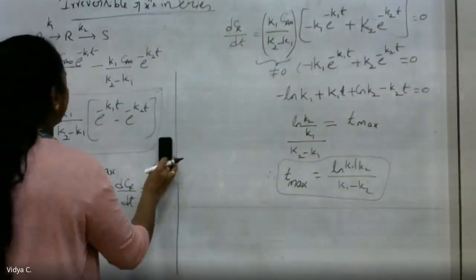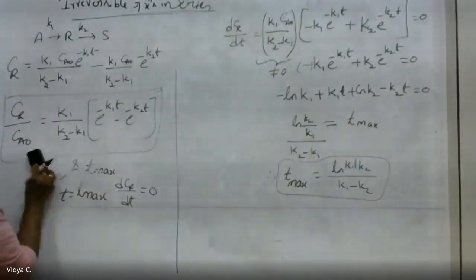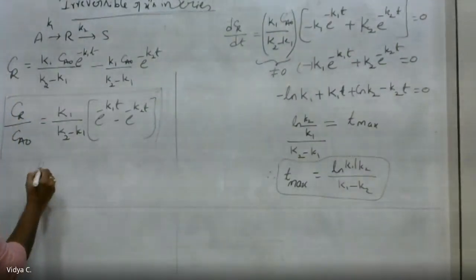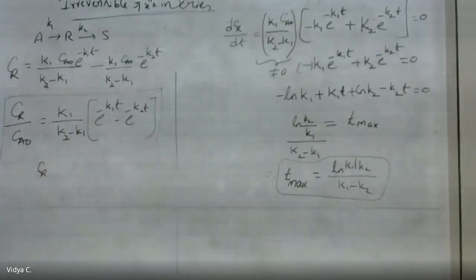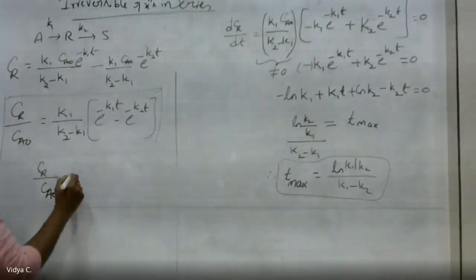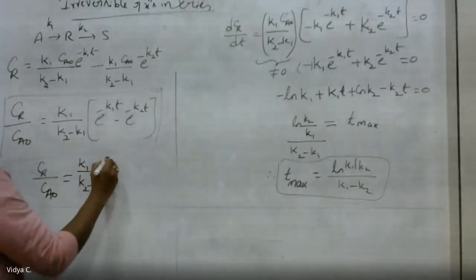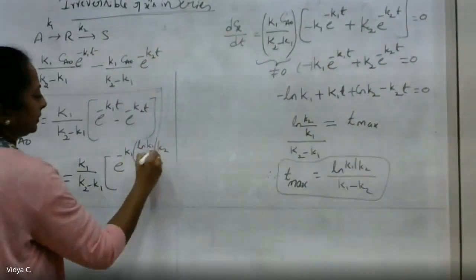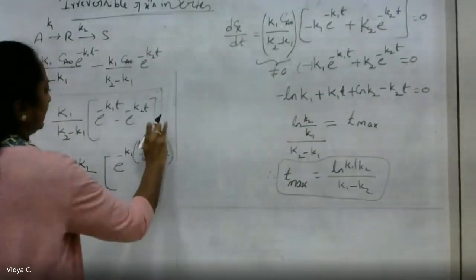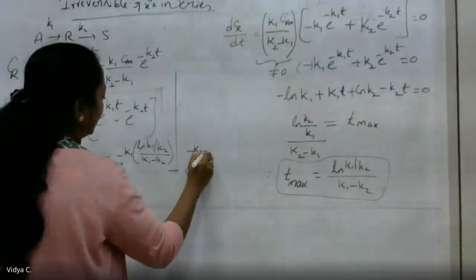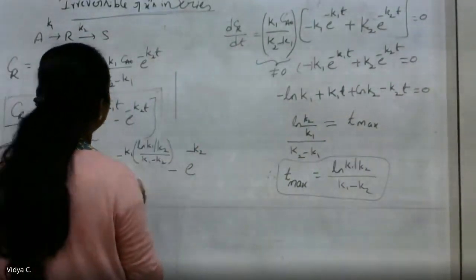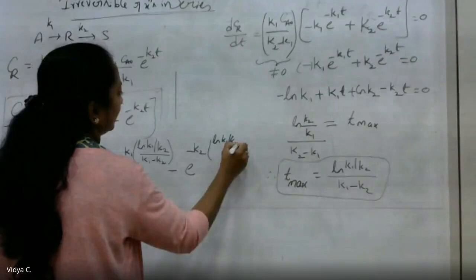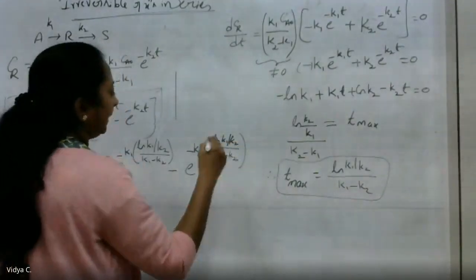So CR by CA0 is equal to k1 by k2 minus k1 into e power minus k1 into ln k1 by k2 by k1 minus k2, minus e to the power of minus k2 into ln k1 by k2 by k1 minus k2.